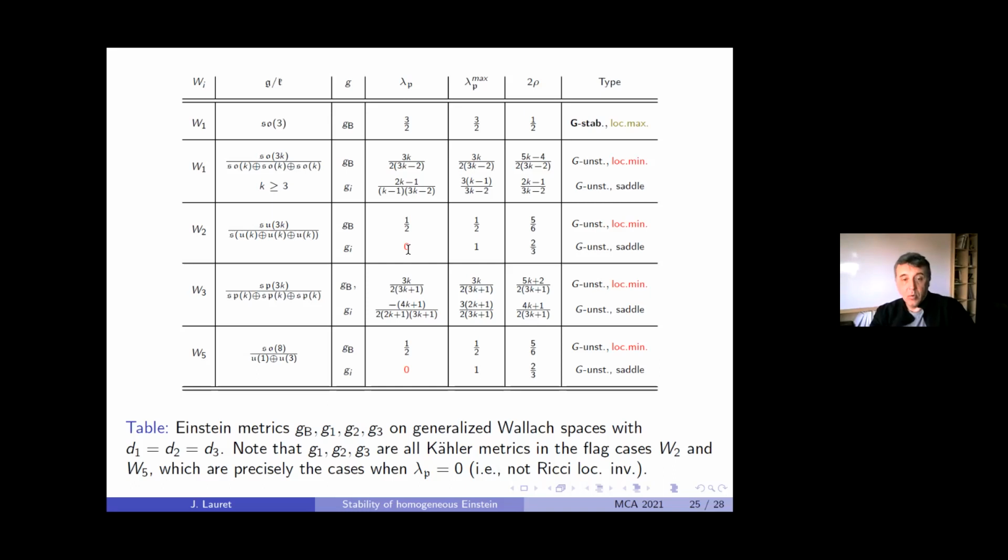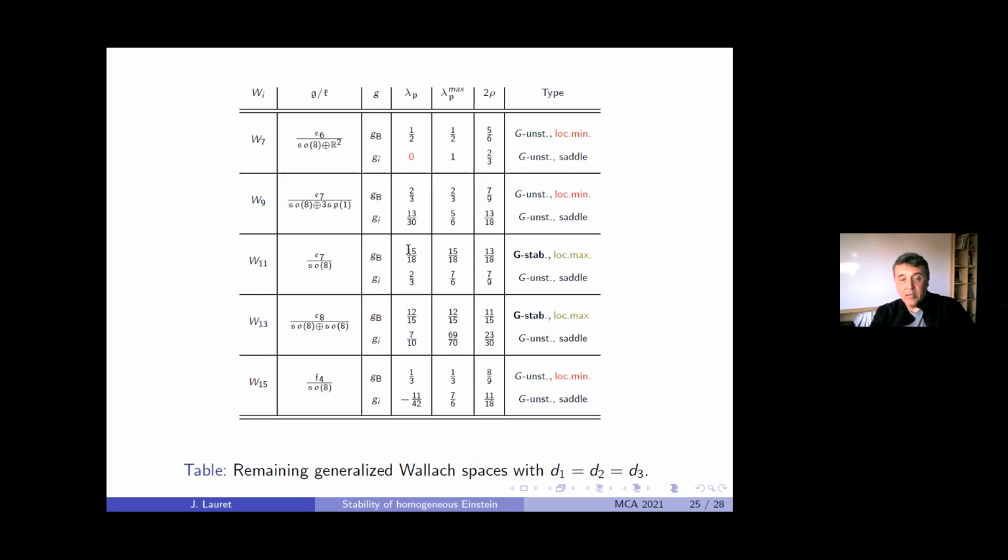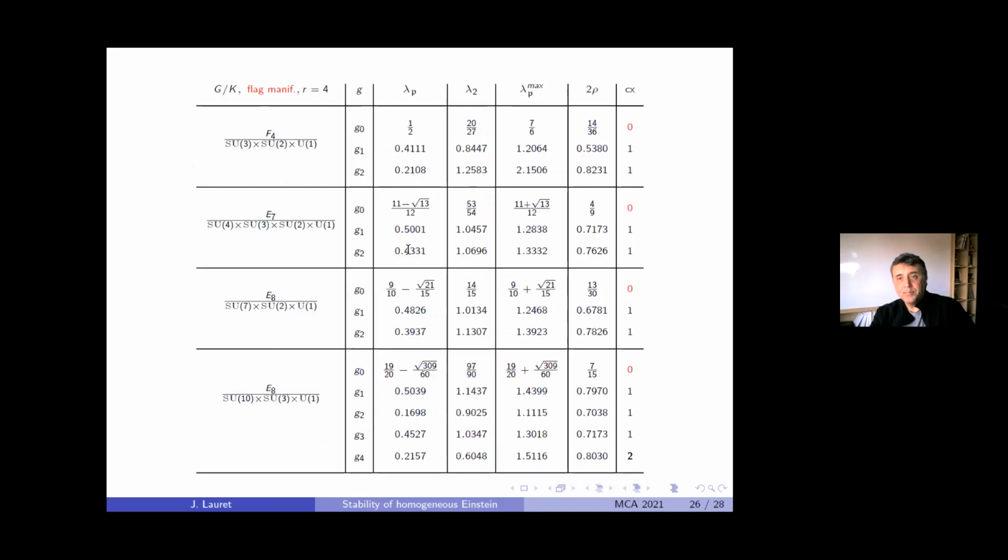Okay, so these are the remaining Wallach spaces, and these are the flag manifolds. To finish, here you have more eigenvalues. I'm showing just the case R equal to 4. In the paper, you can get all the tables. There are more than 10 tables actually. These are only a few.